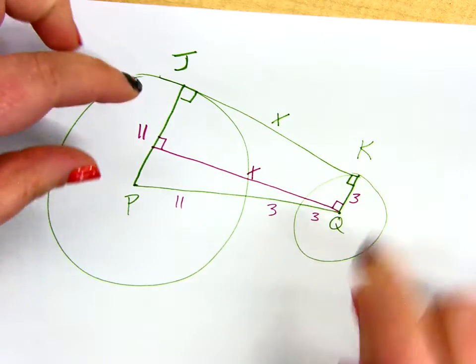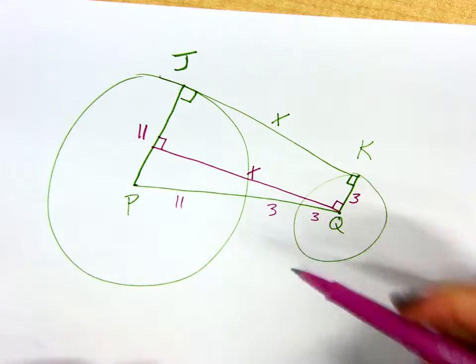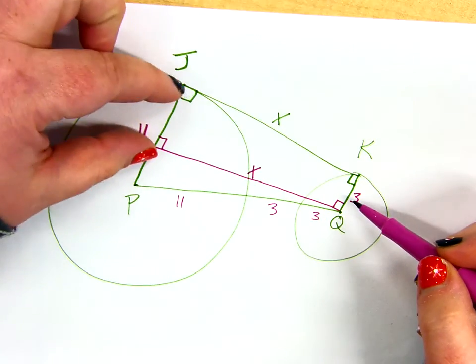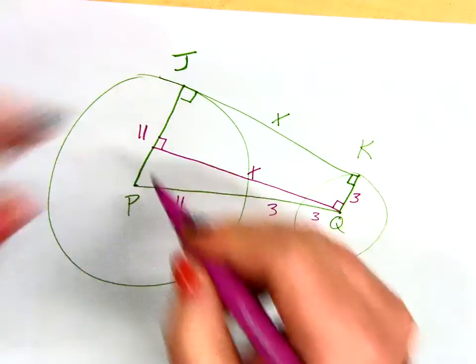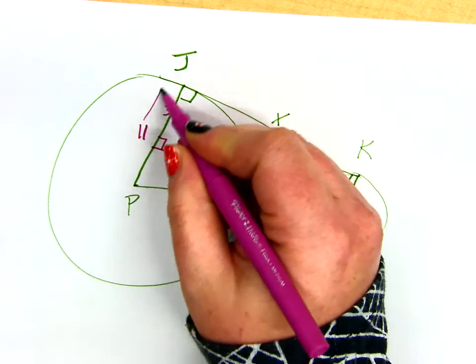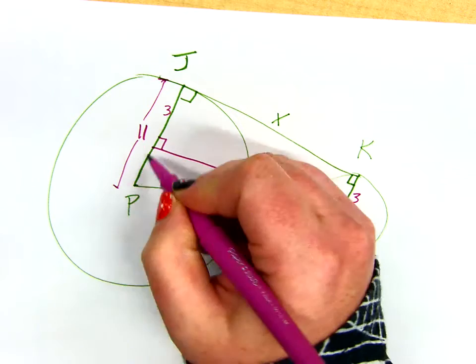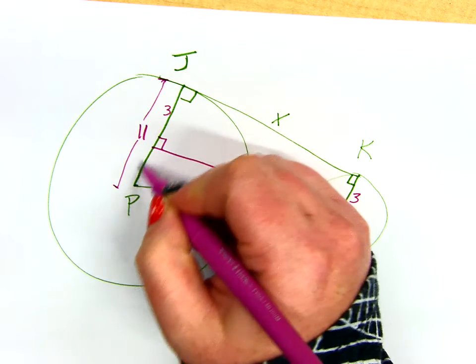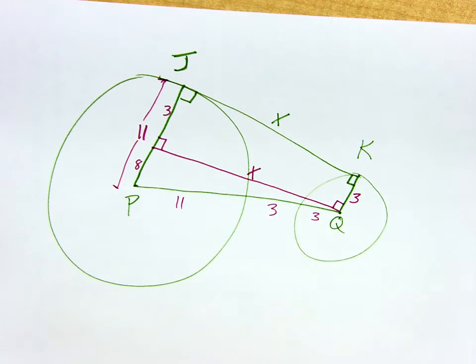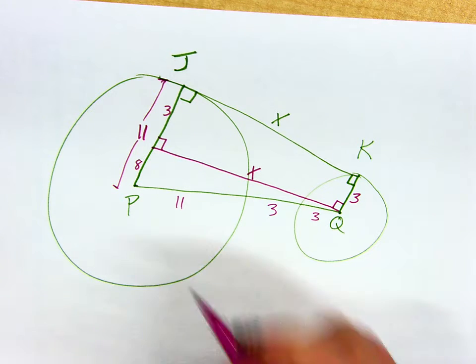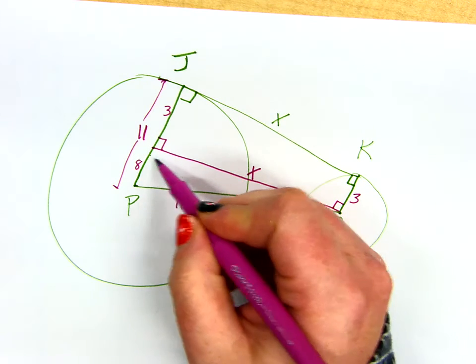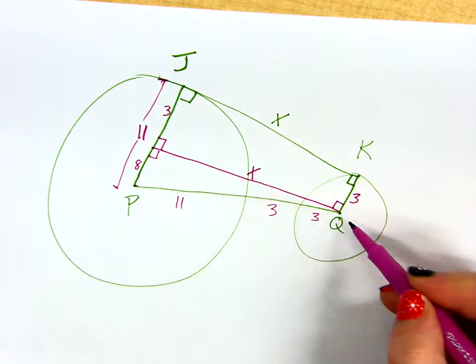Keep in mind, I know it's not drawn to scale, it doesn't really look the same, but if QK is 3, what is this thing? Also 3. So if the whole thing was 11, that means that this little piece would be 8. Are you with me so far? Now look what I have. I've got a little right triangle on the side.